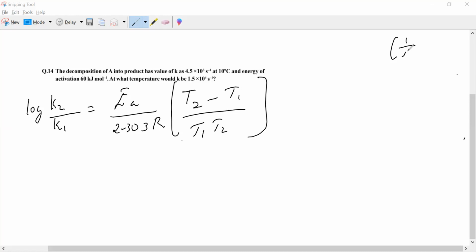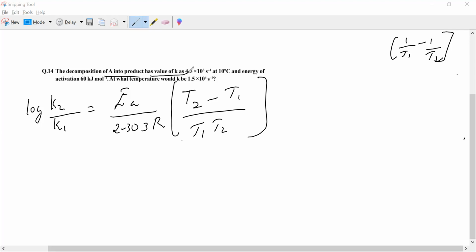Normally it is 1 by T1 minus 1 by T2, so I took the LCM and wrote it down here as T2 minus T1 by T1 T2. Clear?